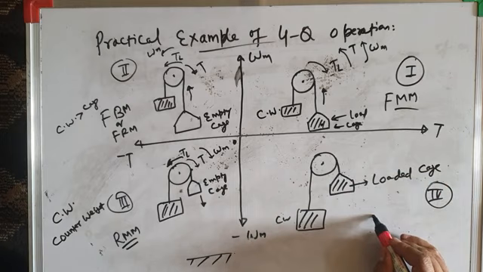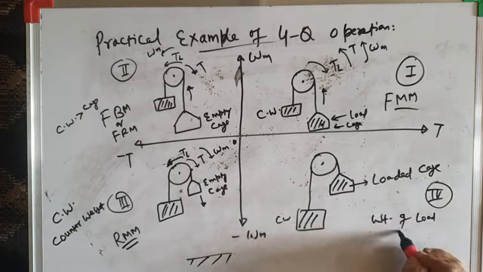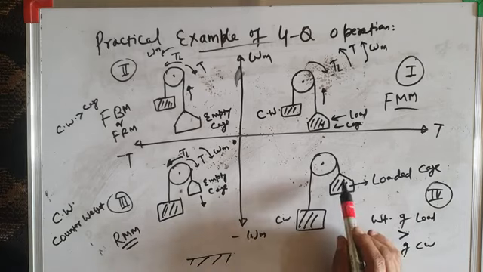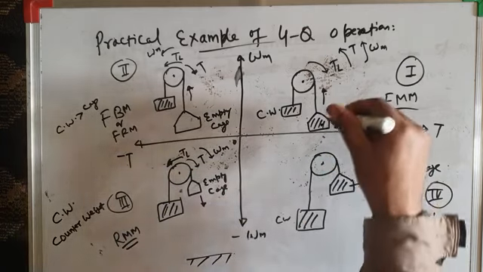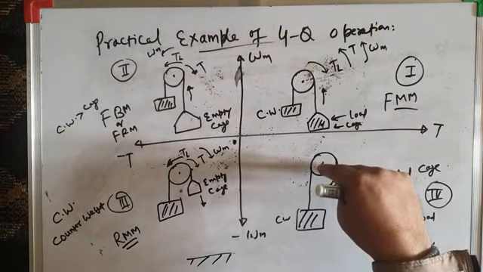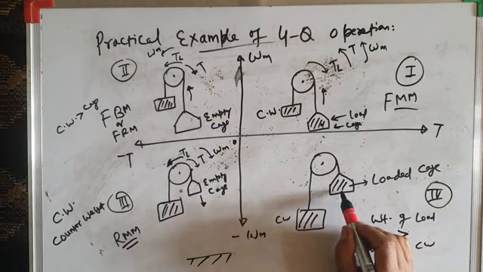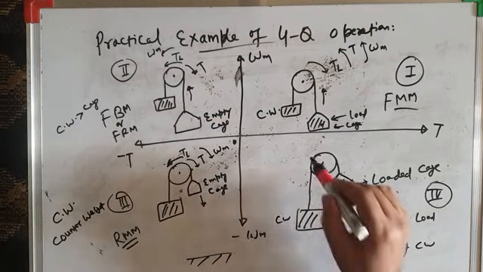Let us suppose the weight of the load is greater than the weight of the counterweight. So now you have taken it to the top floor and you have put some load. In the first case, you had to take load upwards. Now in this case, you have to take load downwards. When you put the load into the cage, the weight of the load is much greater than the weight of the counterweight. What will happen?